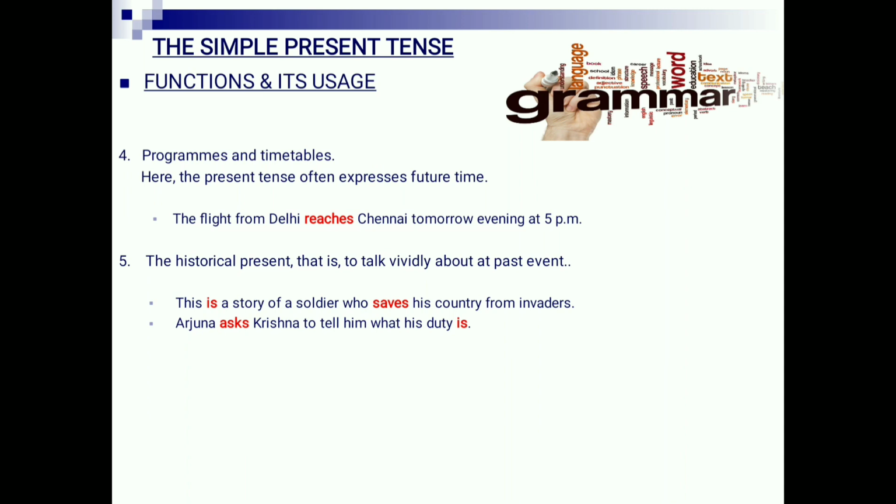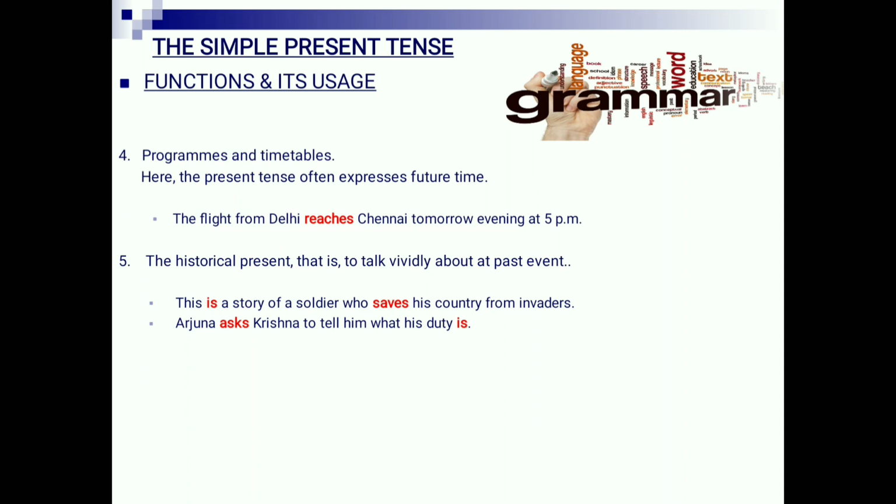And the fifth function of simple present tense is the historical present, that is to talk vividly about the past. When a teacher is telling you a story, in the last session I told you a story is always in past tense, but when someone is explaining the things happening in the story, that time they use present tense.